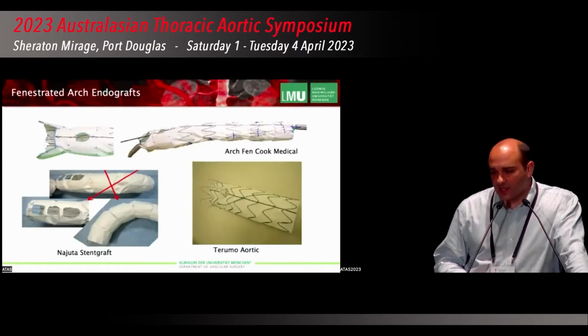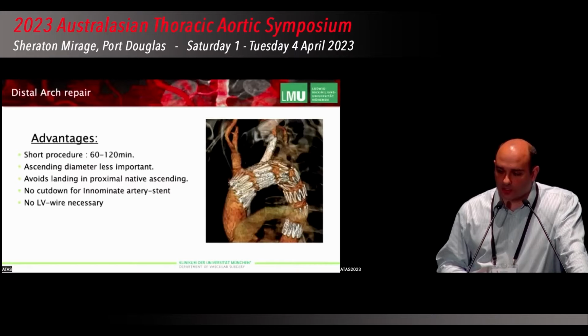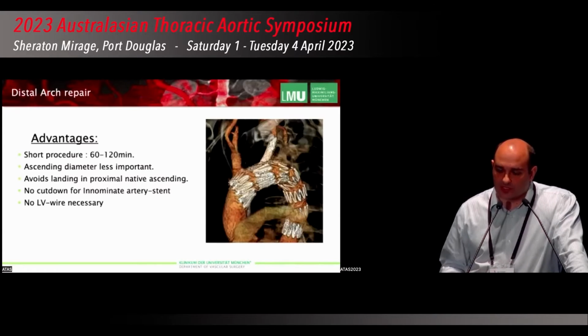The fenestrated devices are available from different companies. You know probably the Nahuta graft, the Terumo, and the Cook arch device, which has the longer experience. The advantages of a fenestrated device for the distal arch is that it's quite a short procedure if it works out fine, either for the left subclavian or with carotid-subclavian bypass for the left carotid.